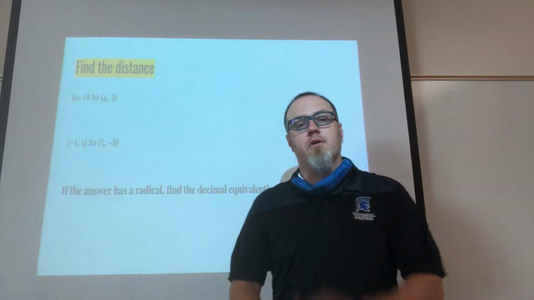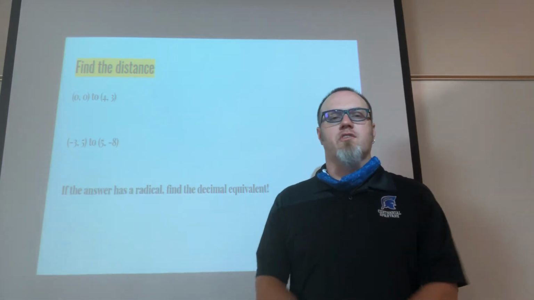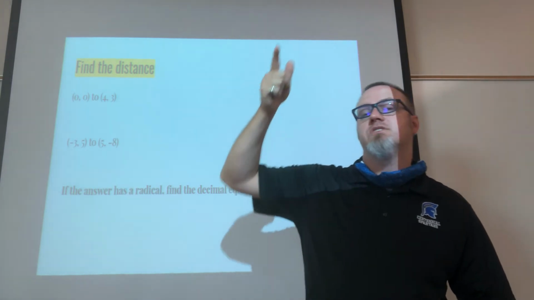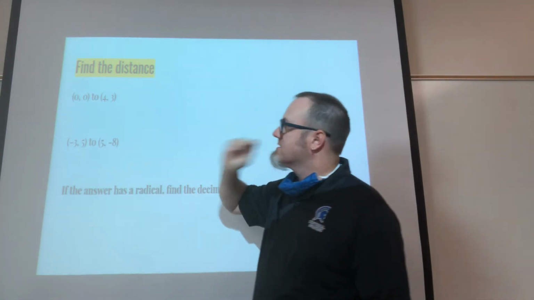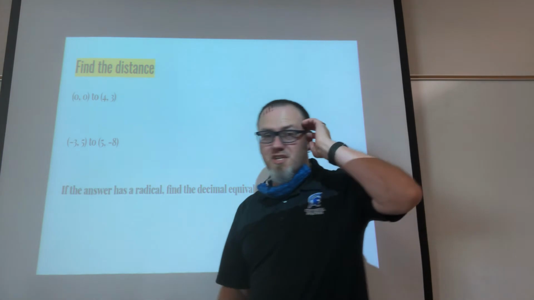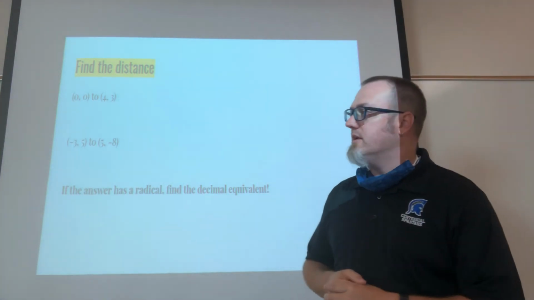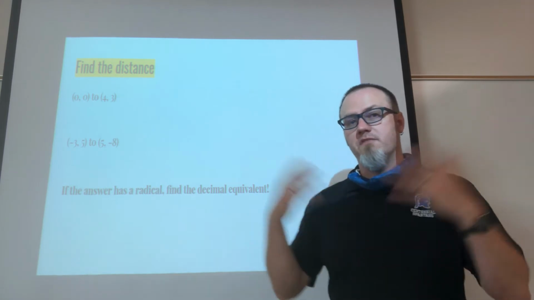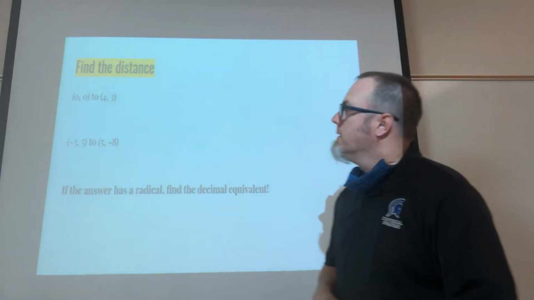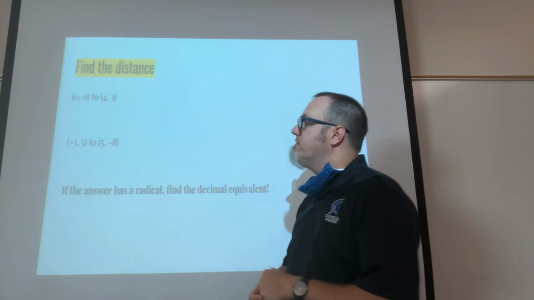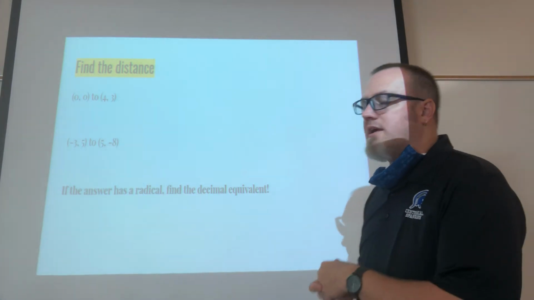We add them together. 16 plus 9 is going to give me 25. And then I would take the square root of that, and that's going to give me 5. So the distance, as direct as you can go from (0, 0) to (4, 3), is going to be 5 units. Okay? On the next one, we have (-3, 5) to (5, -8).